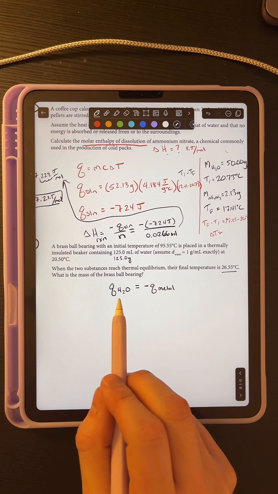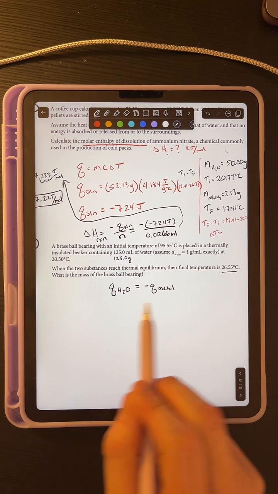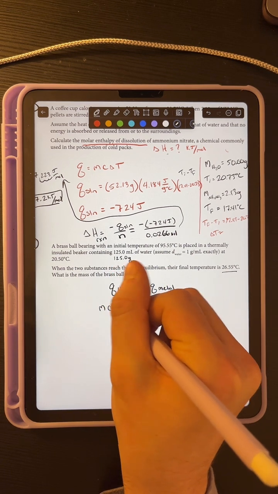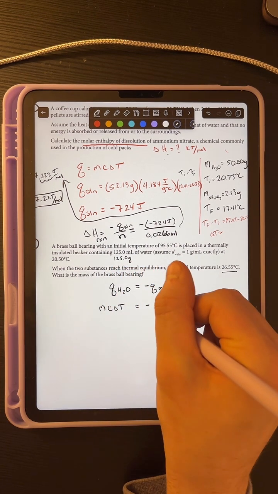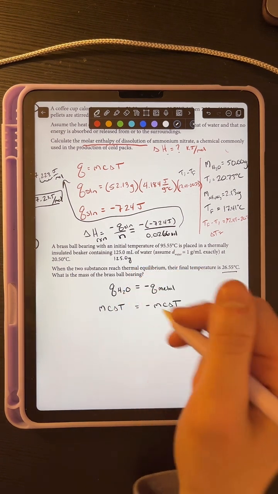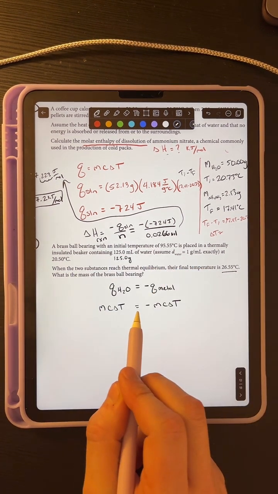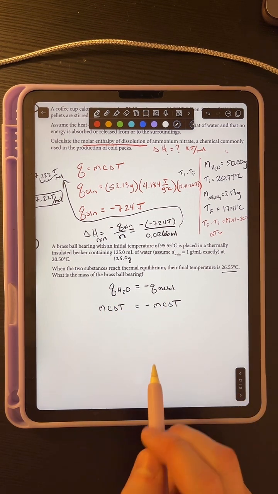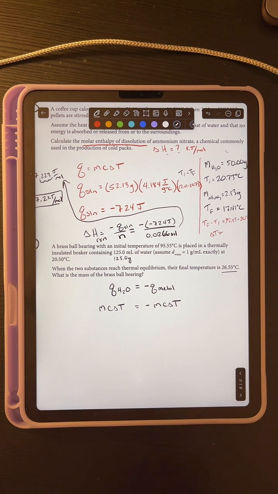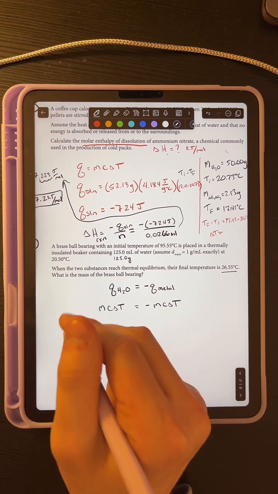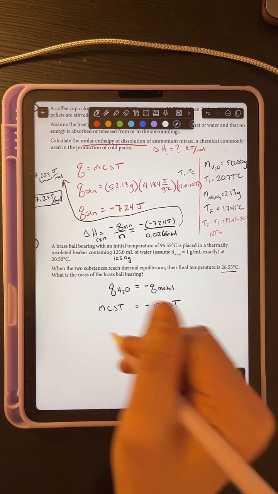Now we know that Q equals mcΔT, and we can do mcΔT for both of these. So we have mcΔT equals negative mcΔT. Everything on the left is going to be for water, everything on the right is going to be for our metal. So we can go ahead and start plugging some things in. What are we given? Well, we have the mass of our water. I'm going to write it kind of further over.